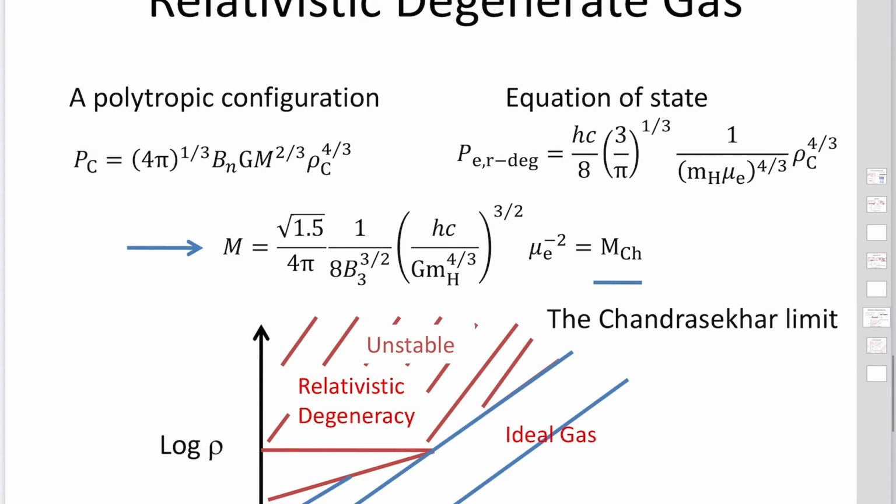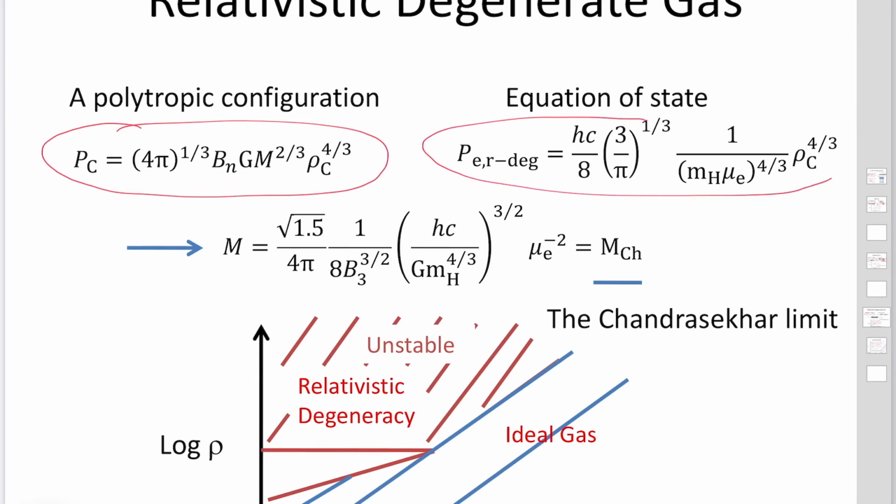Then finally, the relativistic degenerate gas. We can combine the two equations for the polytropic configuration with the equation of state. Then from this equation, actually the central density, in both cases is rho sub c to the power 4/3.